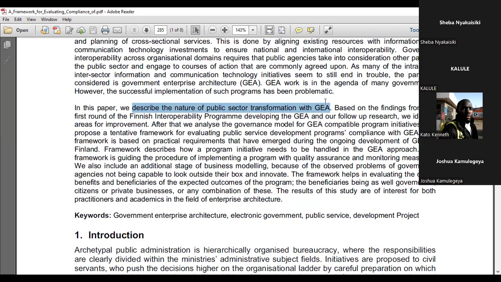Based on the findings from the first round of the Finnish interoperability program developing the GEA and our follow-up research, we identify areas of improvement. So basically the objective of this research is to point out areas which need to be researched.